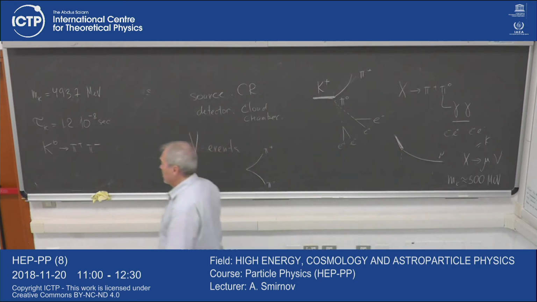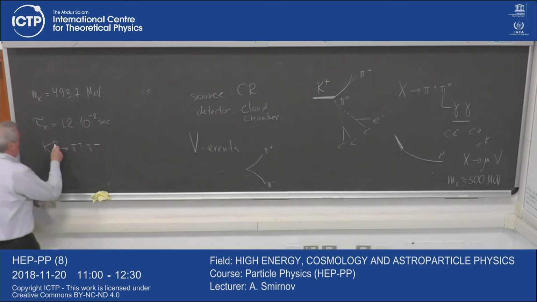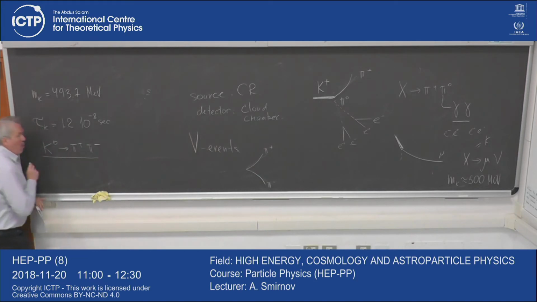What is interesting and important is that here we deal with decay of strongly interacting particles. Pions are strongly interacting particles, and still the decay rate is very slow. The decay time is too big for strong interactions, in spite of the fact that all the particles involved here are strongly interacting particles.